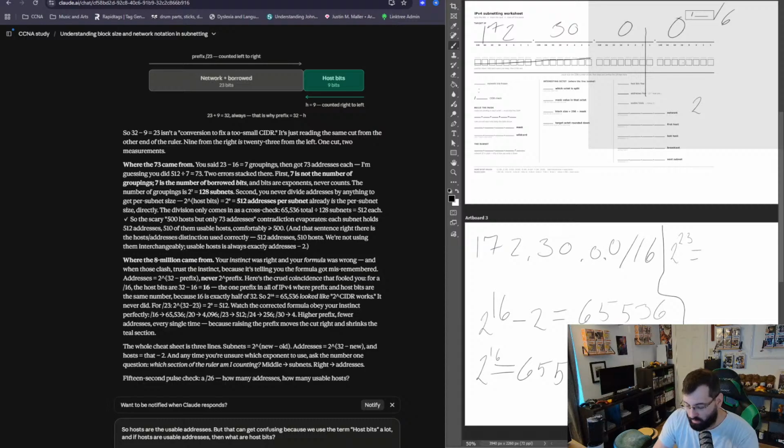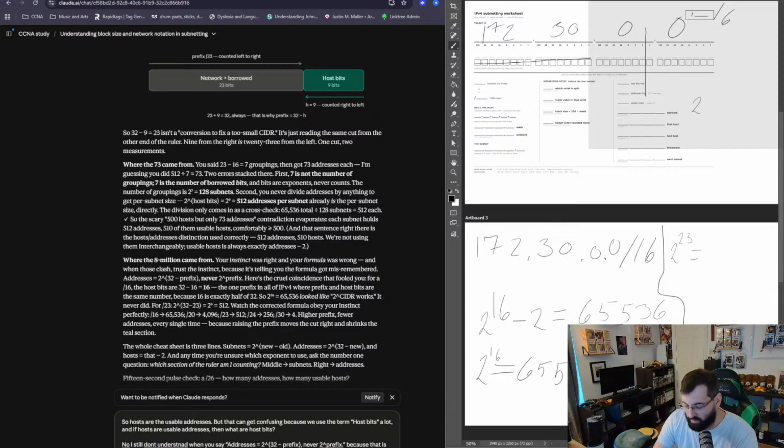So it is 2 to the power of 16 equals the number of addresses. And then you subtract 2 to get the number of usable addresses, or I guess we are now calling them hosts.